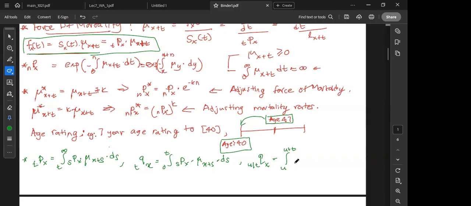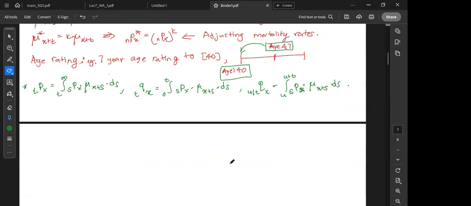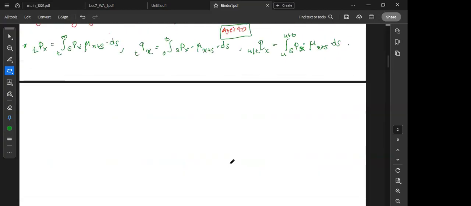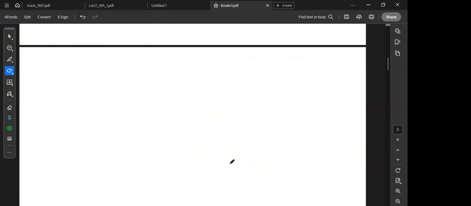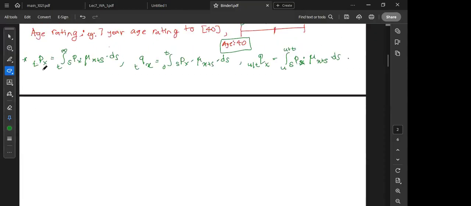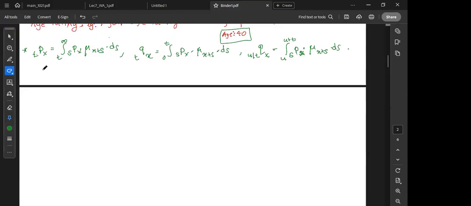And we have the same density function, the person is at age x, and the force of mortality is this. So I can write down these functions like this. So that is how we can define these probabilities: the death probability, the survival probability, and the deferred death probability.